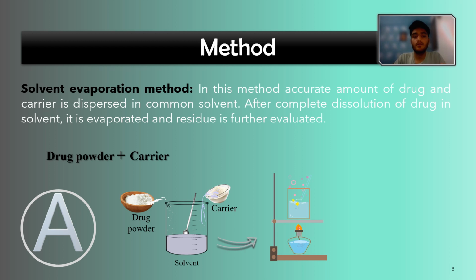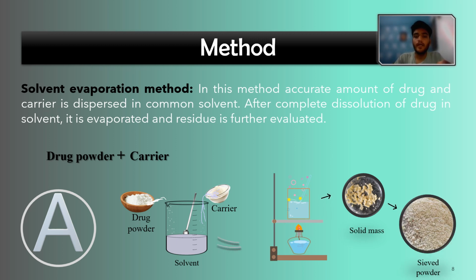You can see drug powder is added, carrier is added, and water, and they are mixed. Then they are heated so that the solvent gets evaporated, and you can find the cluster mass, damp mass. Then we have to sieve it, and we can obtain our fine powder. In the next slide we will discuss the B method.